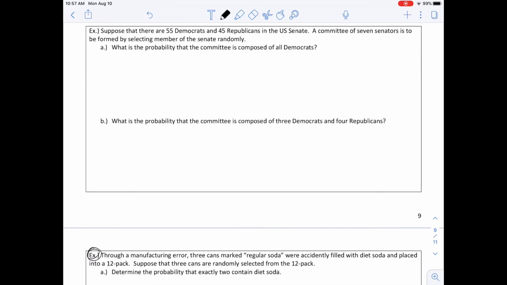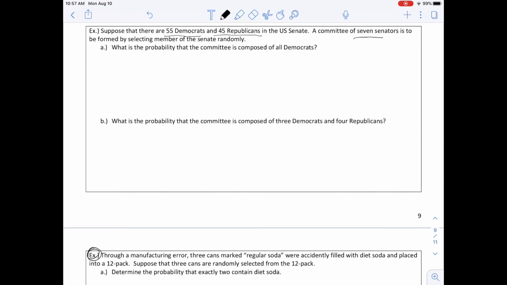The next example says, suppose that there are 55 Democrats and 45 Republicans in the U.S. Senate. A committee of 7 senators is to be selected by choosing members of the Senate randomly.